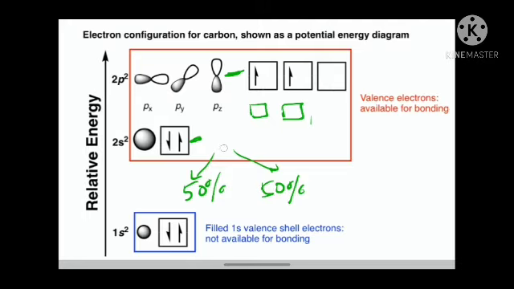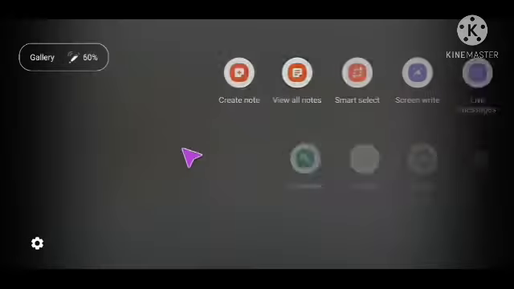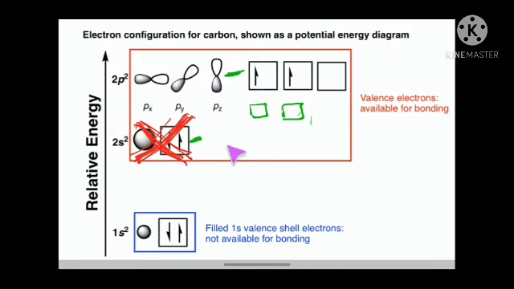This s orbital is used to create this hybrid orbital, so it is no more, because it's used to create this hybridization. And this one p orbital is also used to create this hybridization, so it's also gone.